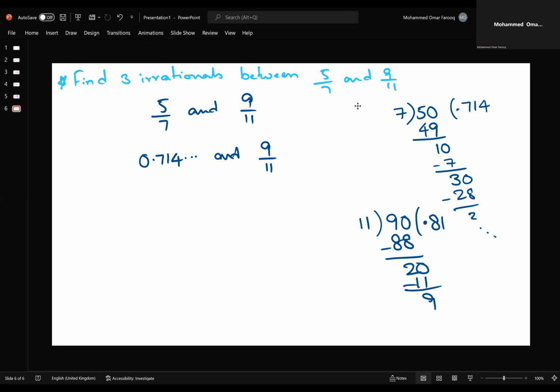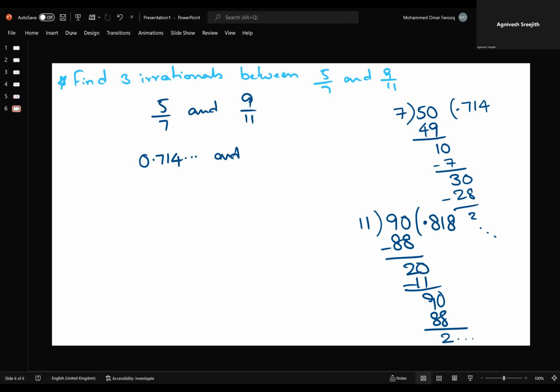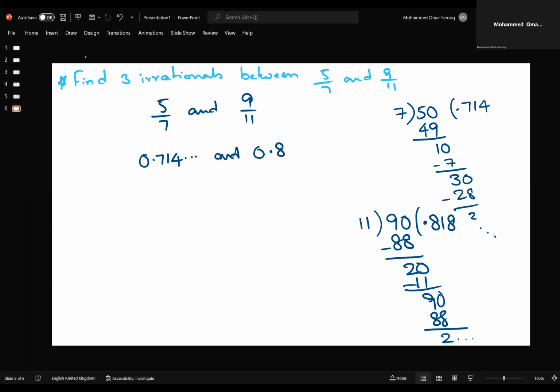So it goes on. Is it right? 11 8s are 88. Yes, sir. So what is the value of 9 by 11? 0.818 bar, 0.8181 and so on.